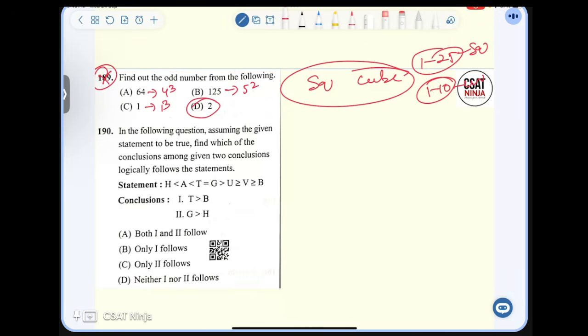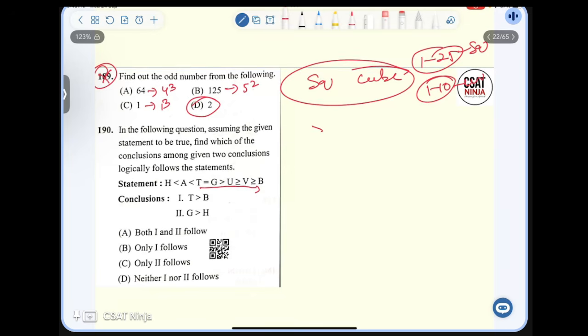Okay, wait a minute. So now, T and B. Let's find a relation between T and B. Before that, just a concept here. If you combine any inequality with equal to, it will give you the inequality itself.